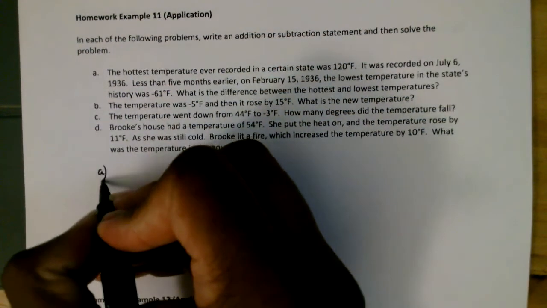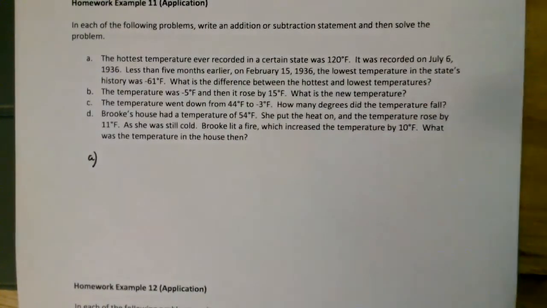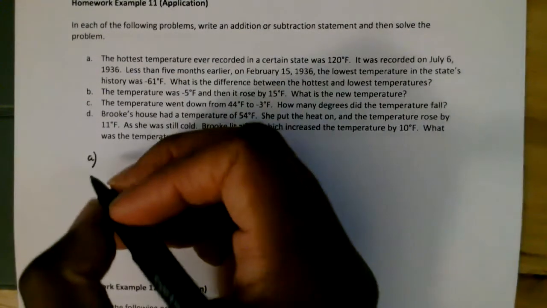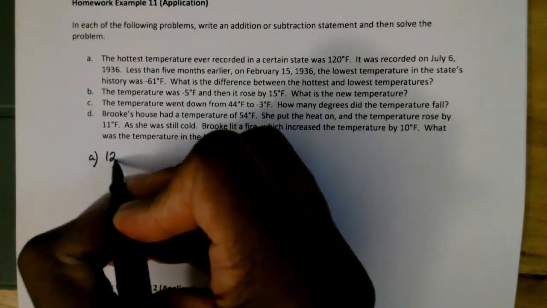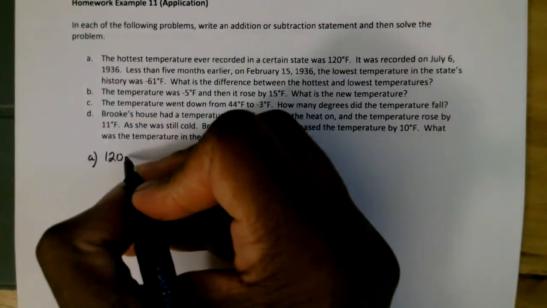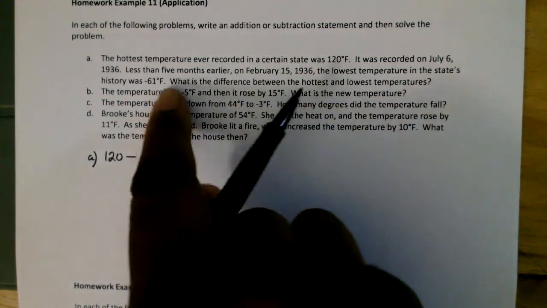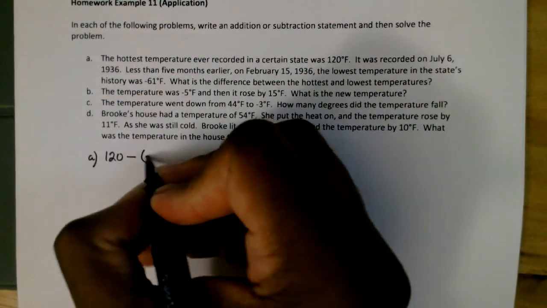Okay. So here I want to write this as a subtraction statement. Hottest temperature was 120. We're looking for the difference between the hottest and the lowest, so we have to subtract the lowest temperature, which was negative 61.